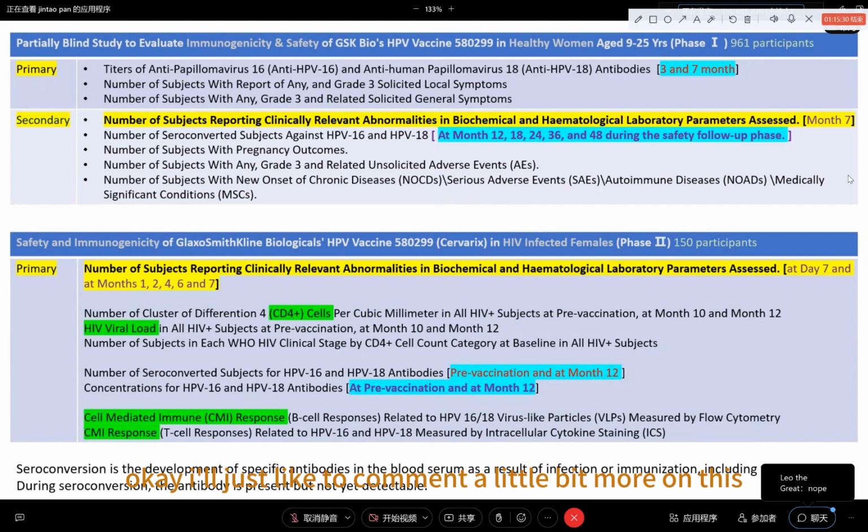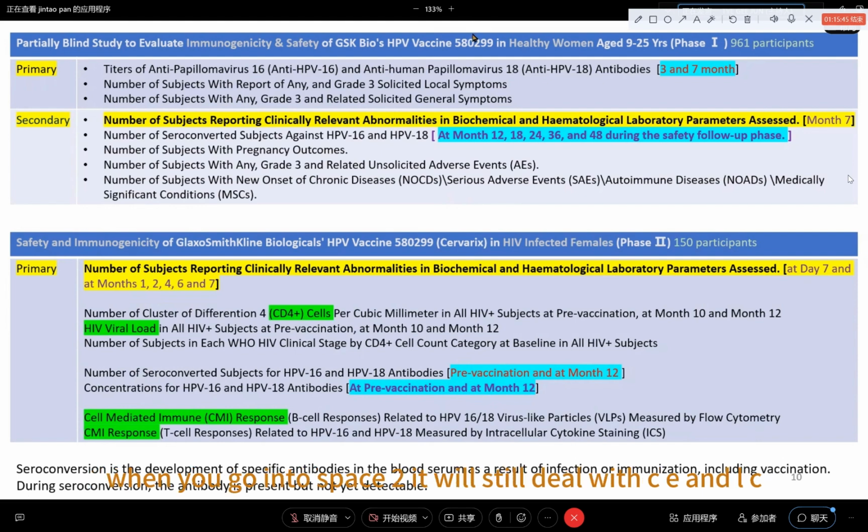Okay, I would just like to comment a little bit more on phase 2 clinical trials. This one maybe you guys missed out, so I'll try to summarize it a little bit. Phase 1 always looks at safety and dosing. When you go into phase 2, it will still deal with safety and dosing. You will still need to see whether there is a certain level of safety. But at phase 2, you want to start to see efficacy.